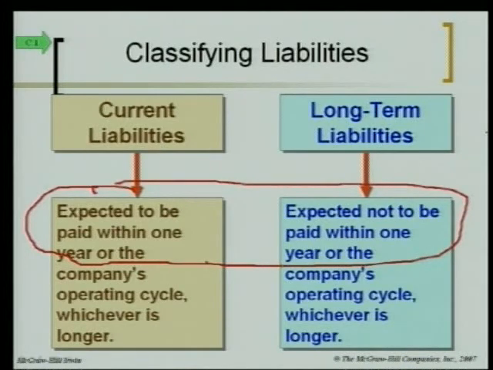Most of the times you're going to differentiate a current liability or a long-term liability by, is it due within the next year or is it not? Okay? For any liability that's usually due within the next year, it's a current liability. And for those that are due after, that would be a long-term liability.